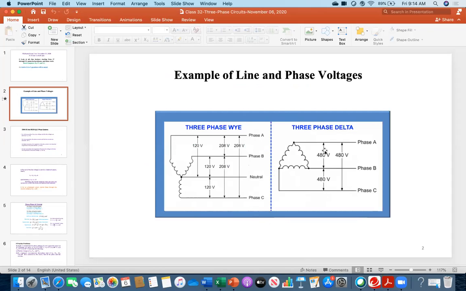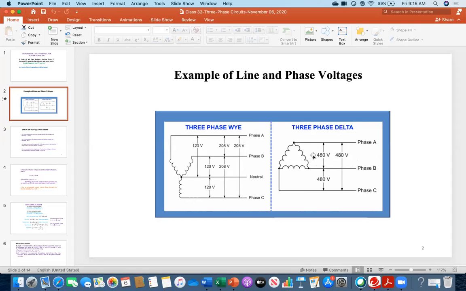As you can see, in the case of the delta, this is phase A, phase B, phase C, but the voltage between phase A and phase B, this means if you connect a voltmeter here, for this example, it will show you a 480 volt reading. The same thing, if you connect a voltmeter just across this point and this point, this means across this coil, which we call the phase voltage.